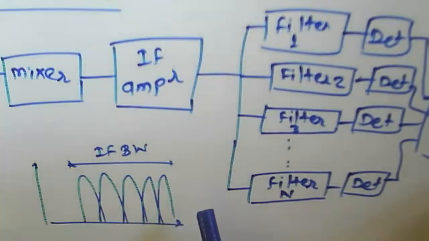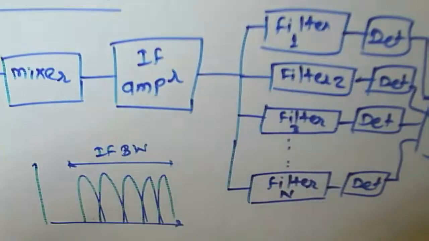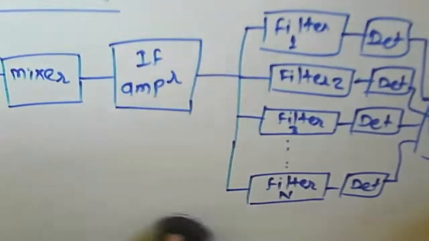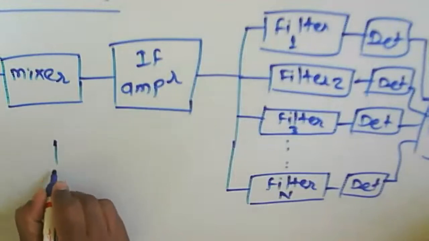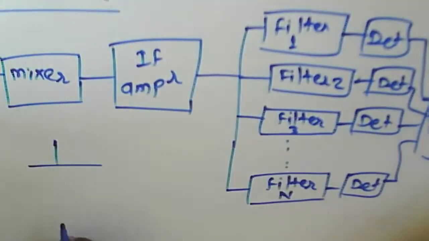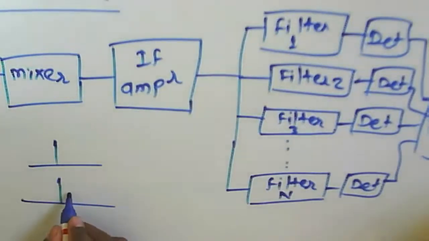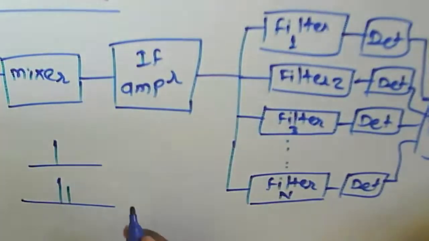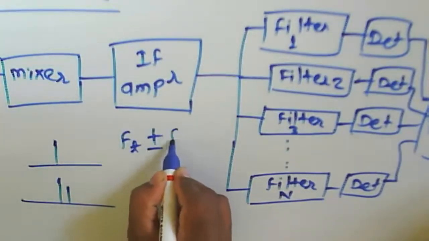So instead of that, we consider the frequency we are expecting and what response we are expecting. Generally, this is your signal to be transmitted, and this is the main signal, where f is equal to ft plus or minus ft.